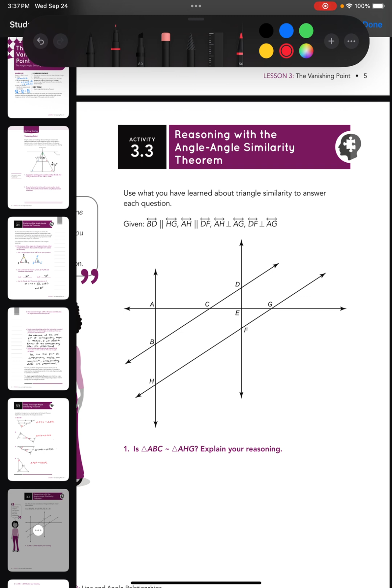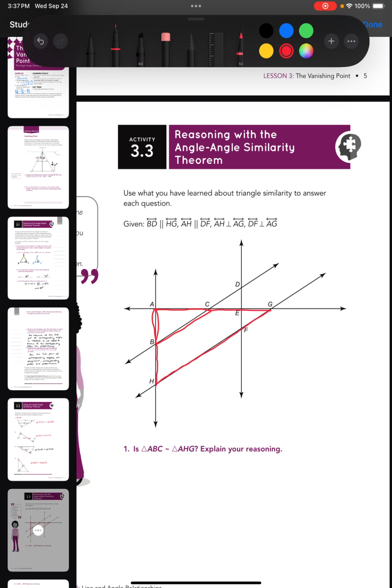They're also telling us that AH is parallel to DF, and AH is perpendicular to AG, as well as DF is perpendicular to AG. All right, so they want to know first, for number 1, is triangle ABC, I'm going to trace it here, triangle ABC congruent to triangle AHG.